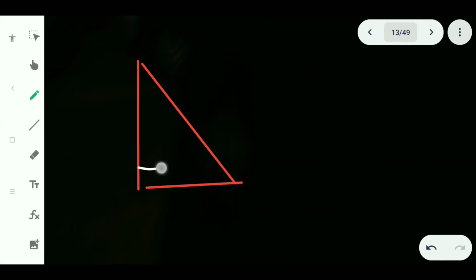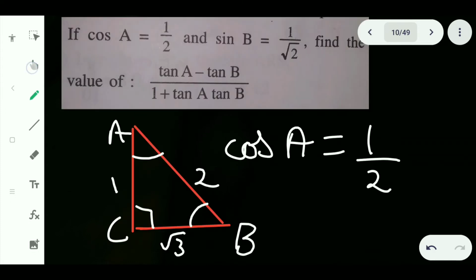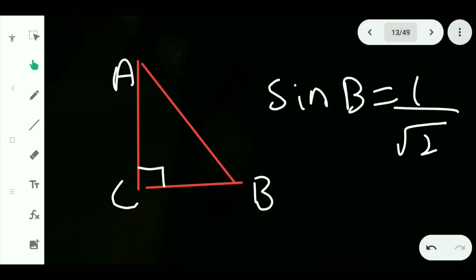Now the second triangle. So here A, C, B. Sin B is equal to 1 by root 2 as per the given question. Here sin B is 1 by root 2, which is nothing but this angle, right?